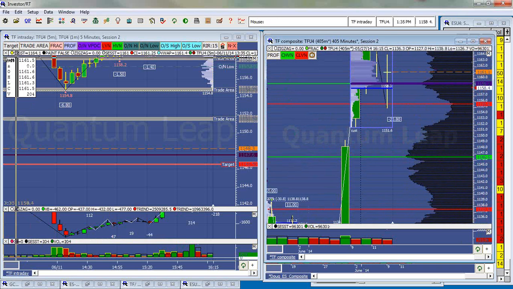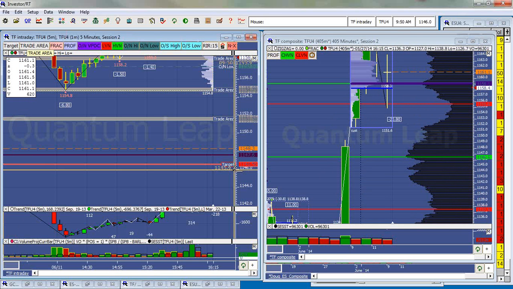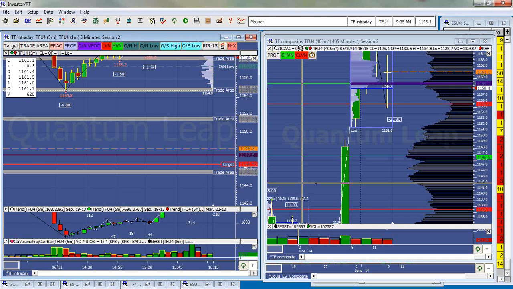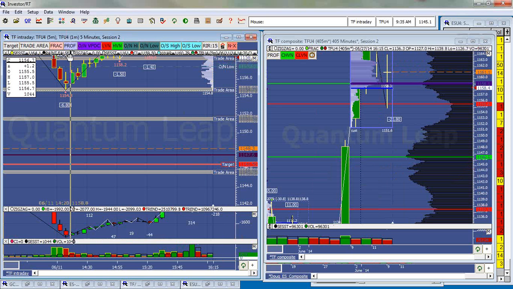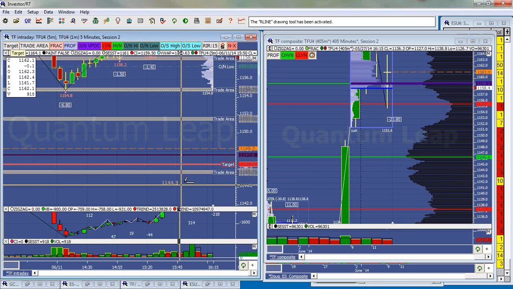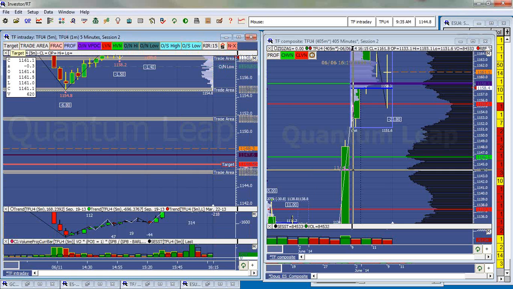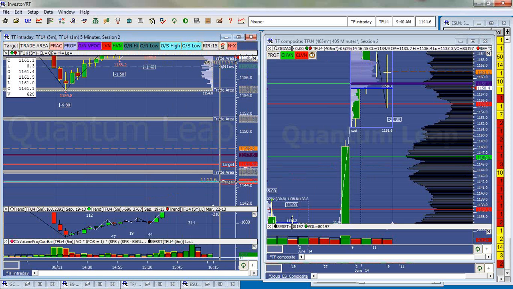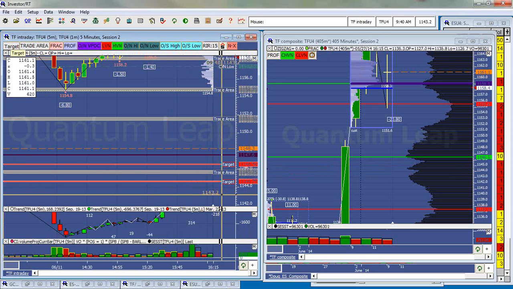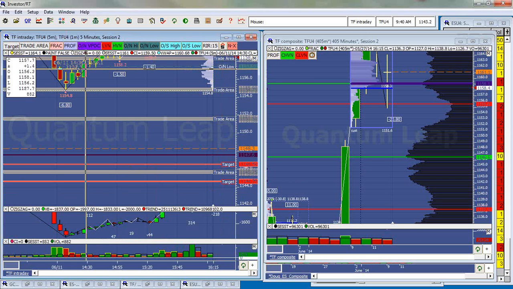So I put the other side of balance down here at 45.70. And then below that, you've got 44.60 and 43.20. What did I say? 44.60 and 43.20. I don't think we're going to get much lower than that today.